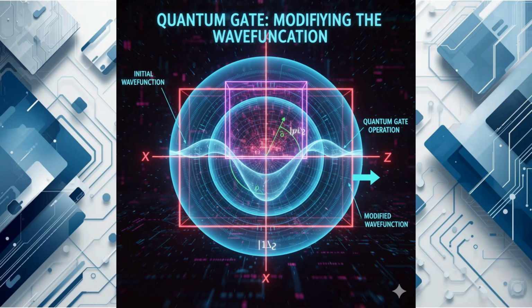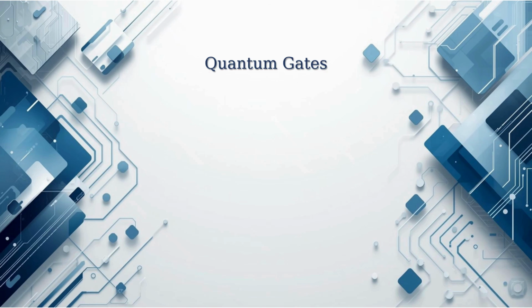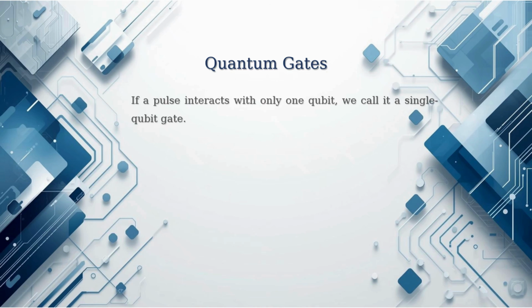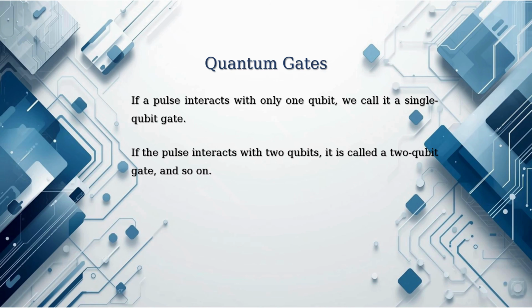This changes the qubit wave function in a desired way. If a pulse interacts with only one qubit, we call it a single qubit gate. If it interacts with two qubits, it is called a two-qubit gate, and so on.